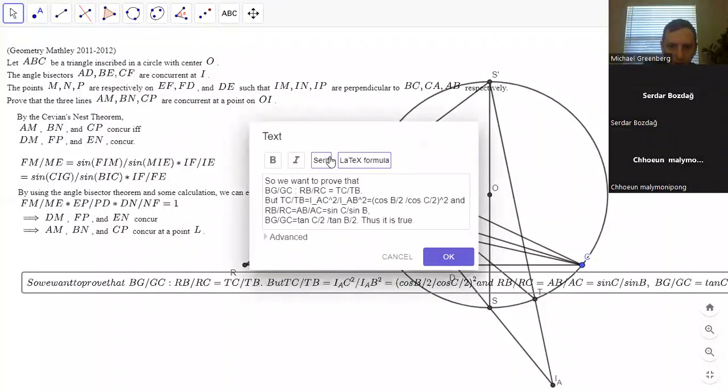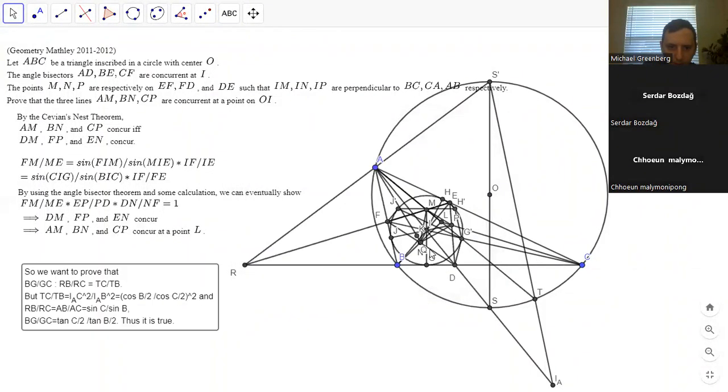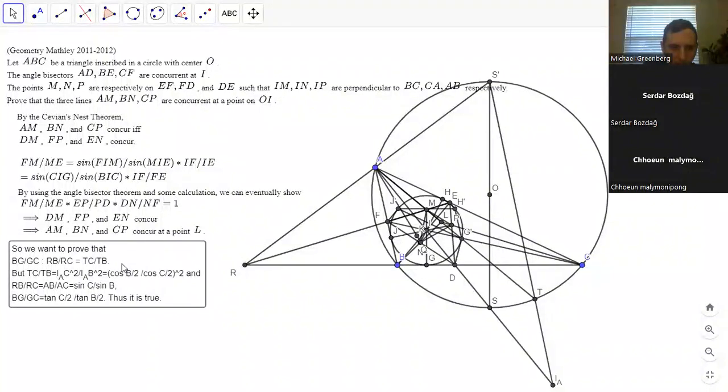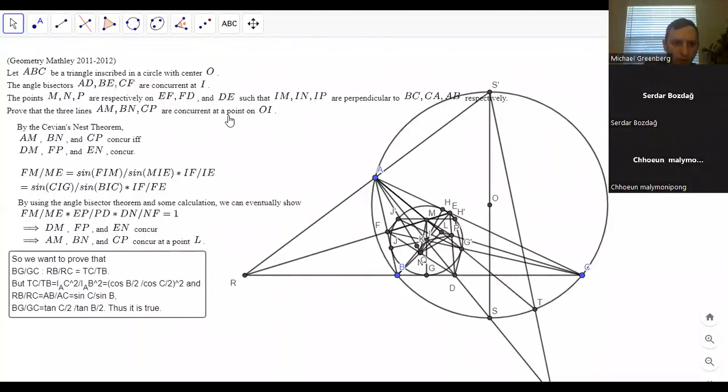All right, let me get rid of this for the time being. And so then we have those cross ratios.